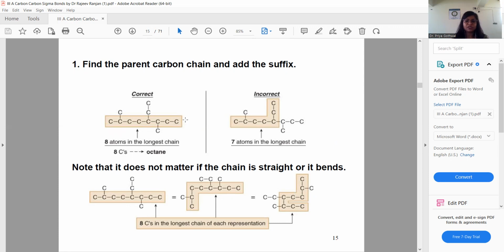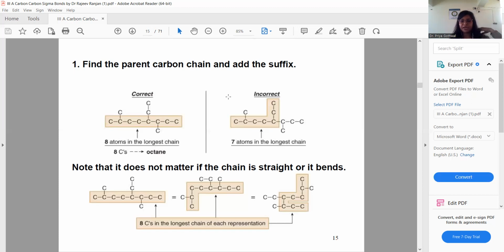Here, the longest carbon chain has 8 carbons, which is denoted as octane, oct plus ane. Ane is the suffix denoting the alkane category, and there are also substituents present in this 8-carbon longest chain, which are a methyl substituent and an ethyl substituent.